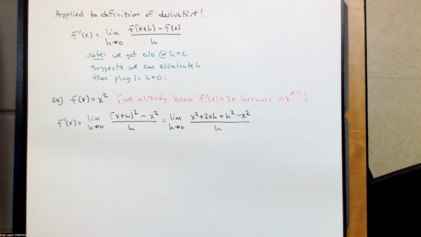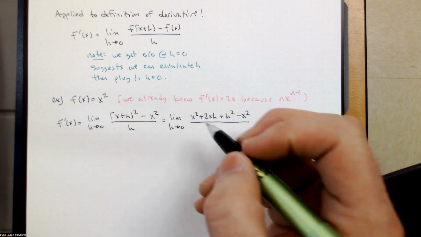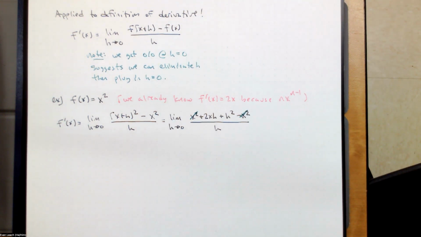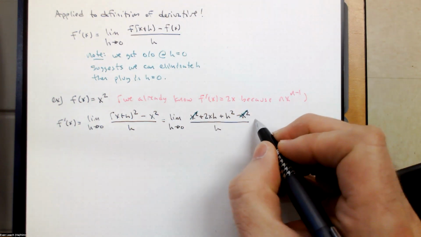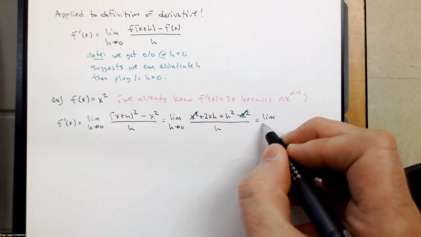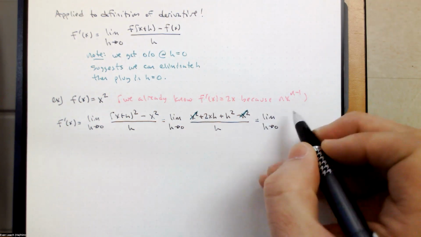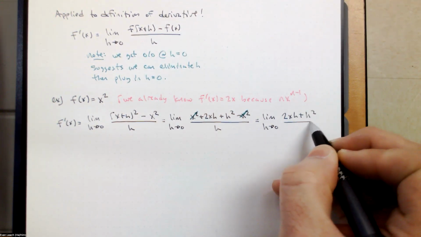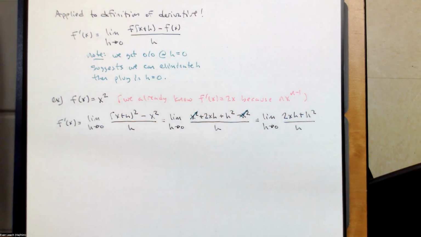The important thing, what happens here is the x squared and the x squared cancel out. Everything else has an h left over. So what we notice first is that x squared minus x squared cancels.